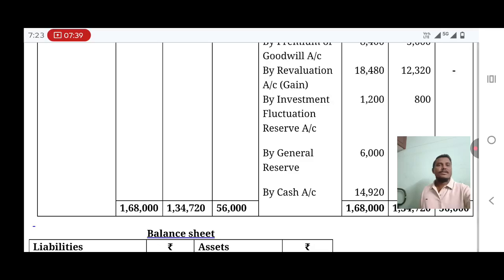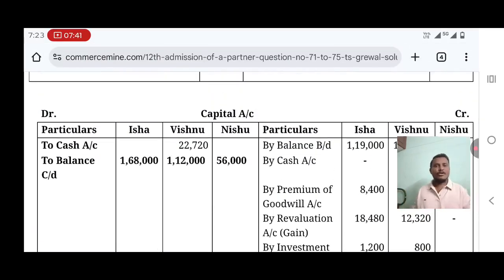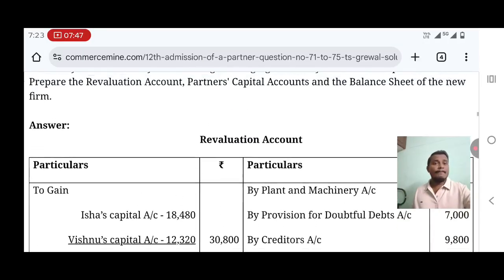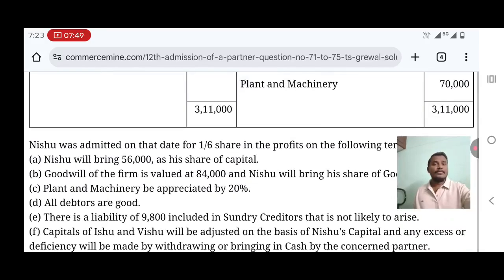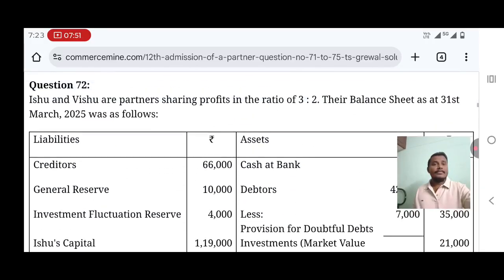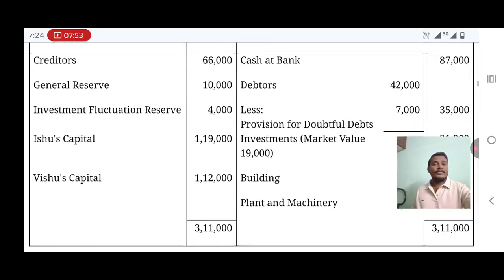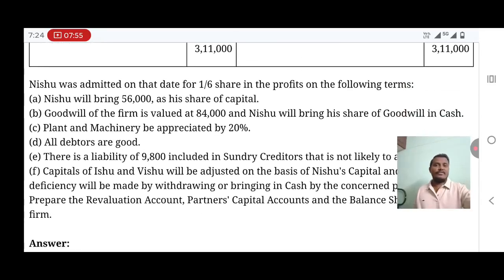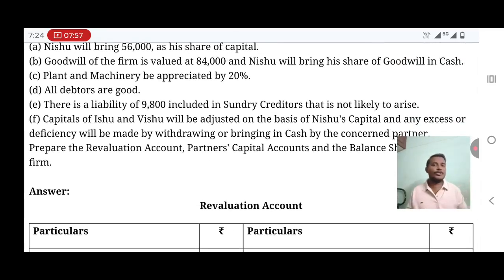So that's it. Now we have recorded all the things inside the partners' capital account. Then we have to go for this point, the point number F. This is the very important point for which I have chosen this question. Capitals of ICSE.